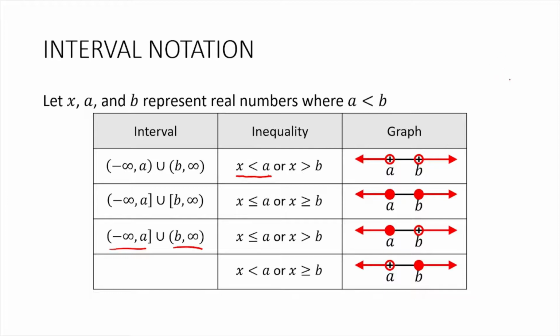Using interval notation, this is from negative infinity to a. We use a parenthesis for a because it's not included. Then we take the union of this interval with the next interval, which is from b to infinity, including b. That's why we use a bracket here.